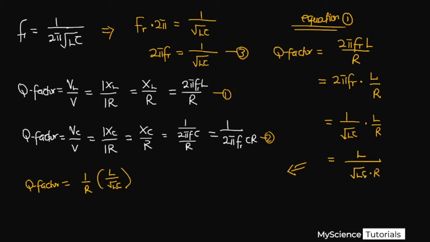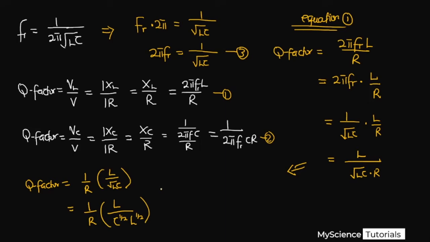This is still the same as what we have over here. So this is equal to 1 over R multiplied by L over the root of LC, which can be written as C raised to the power half, L raised to the power half, because the root sign is power half.